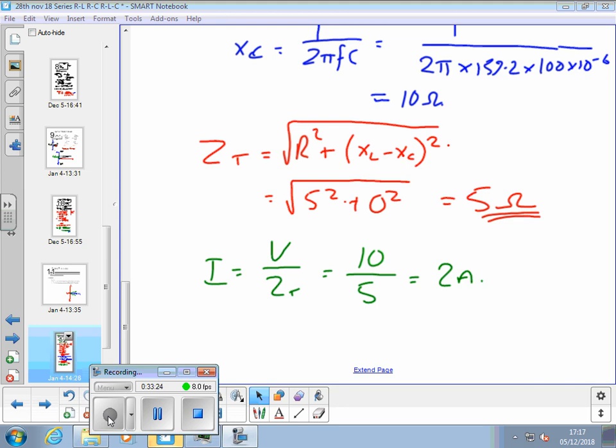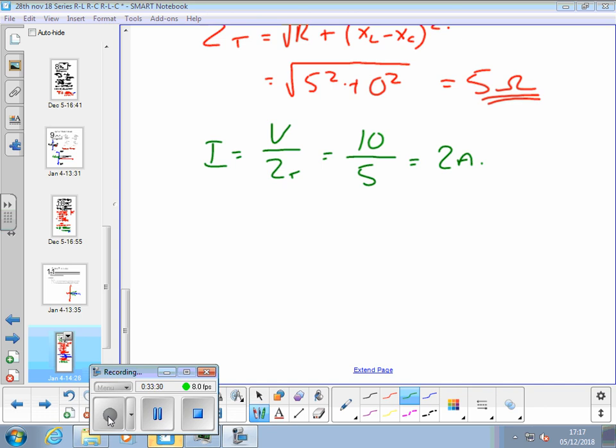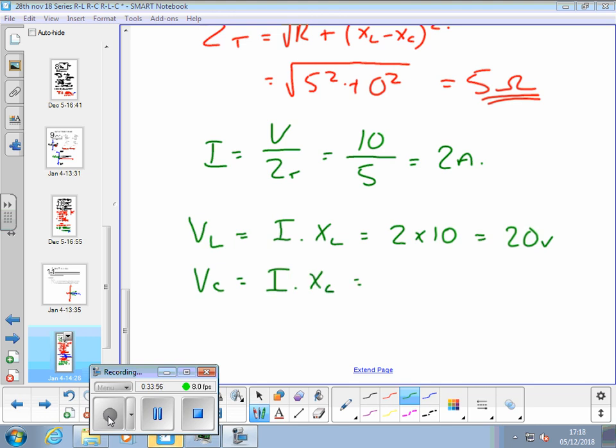What I do want you to look at is VL is equal to I times XL, 2 times 10 ohms, 20 volts. VC, I times XC, again 2 times 10 equals 20 volts.